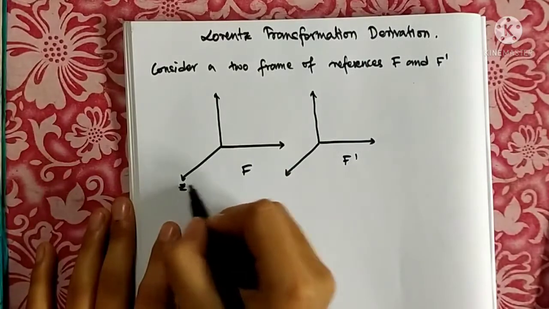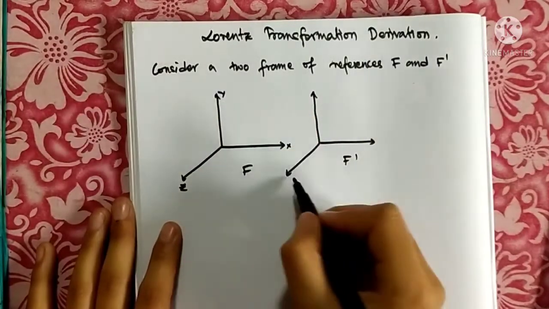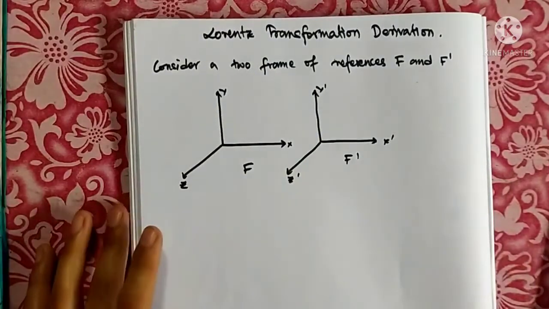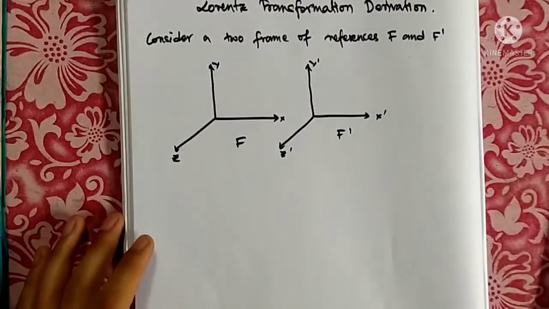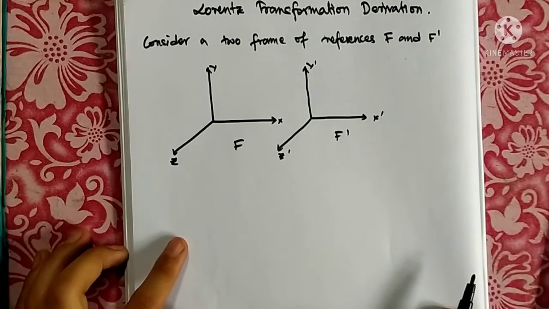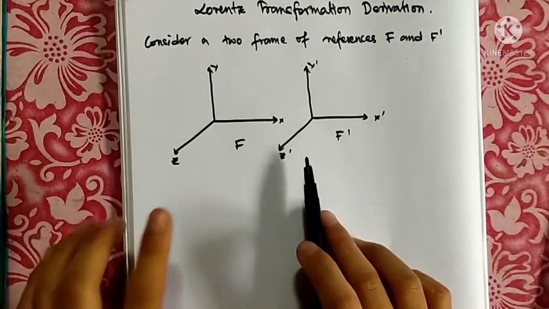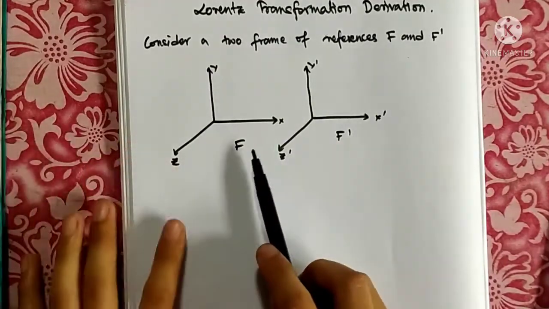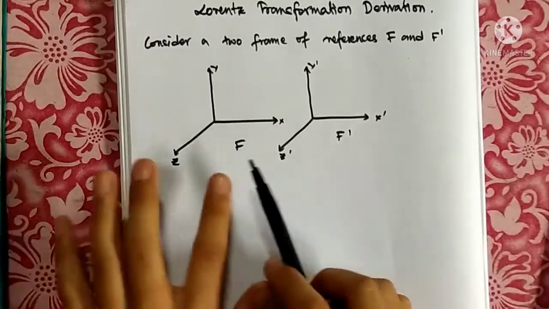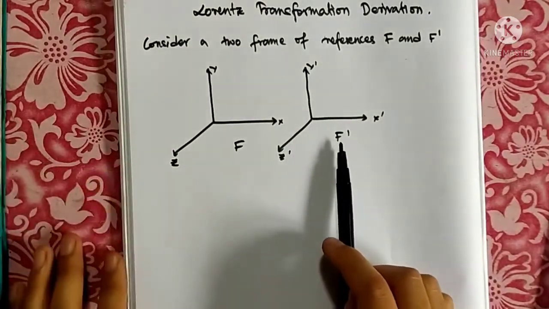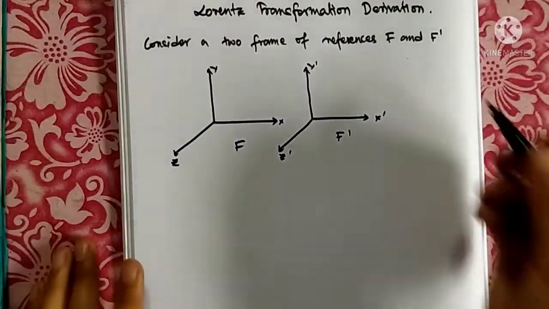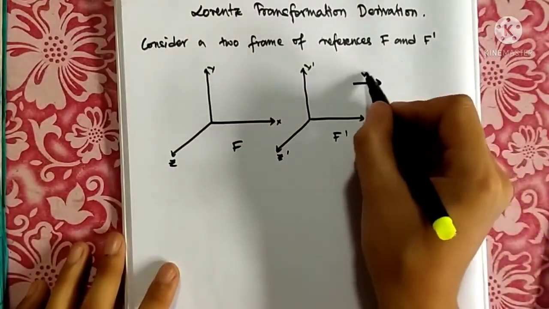We have x, y, z and x prime, y prime and z prime axes. In this case, frame F is fixed and stationary, and frame F prime is moving along the direction of the x-axis with a constant velocity v.